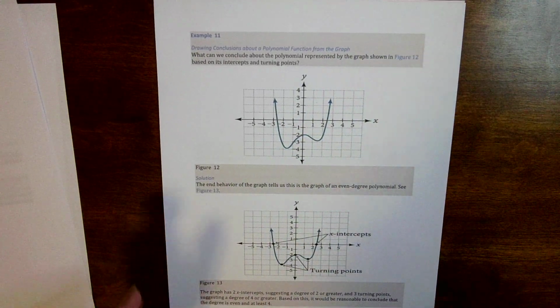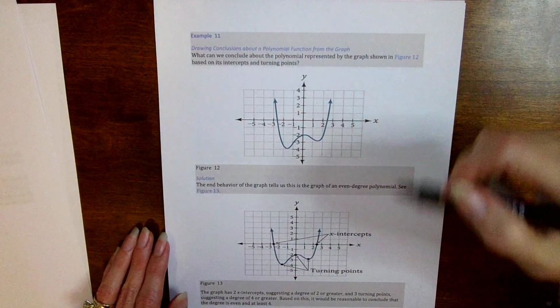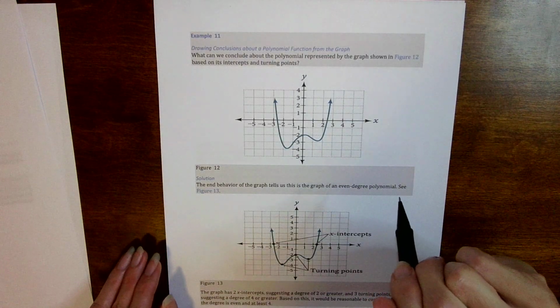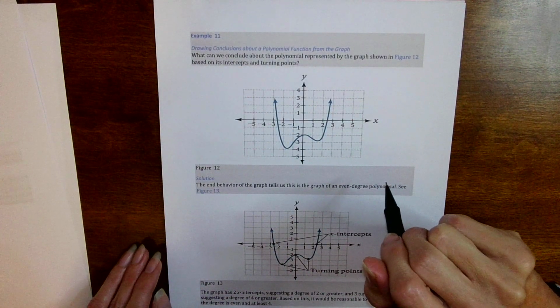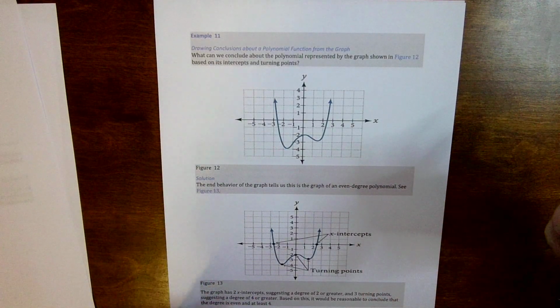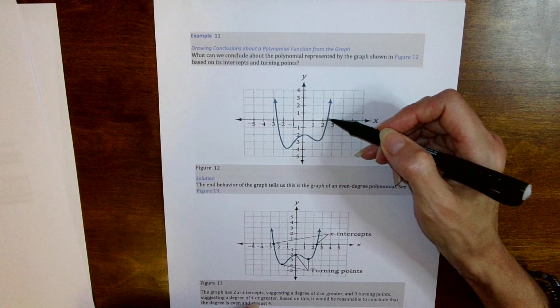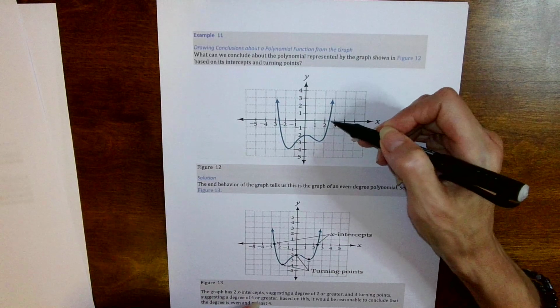So what can we determine about this polynomial in front of us? Well, this one has 2 intercepts, right?